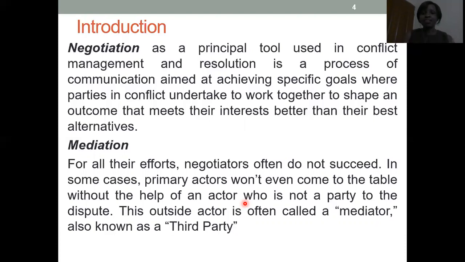We are going to look at a concept known as BATNA in the next slides, which looks at best alternatives for each party. So conflict resolution can be solved using negotiation. It is our major tool in conflict resolution.